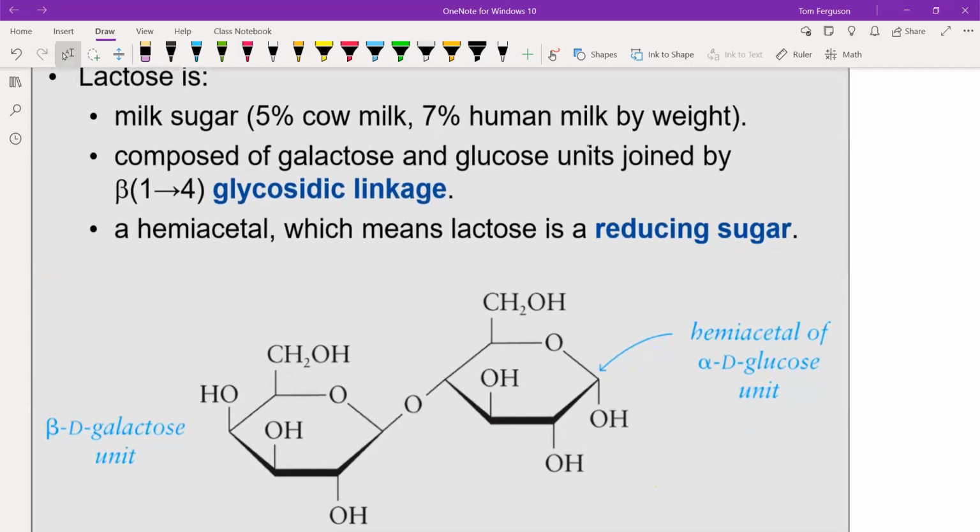Lactose is another disaccharide. As you know, it comes from milk products. The longer milk products are exposed to lactose bacillus bacteria, the lactose bacillus bacteria love lactose. So cheeses that are hard, that have been aged for months and months, tend to have little lactose left because the bacteria have consumed it all.